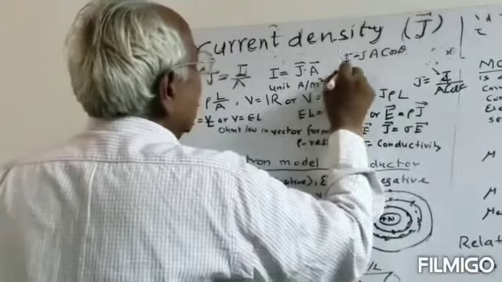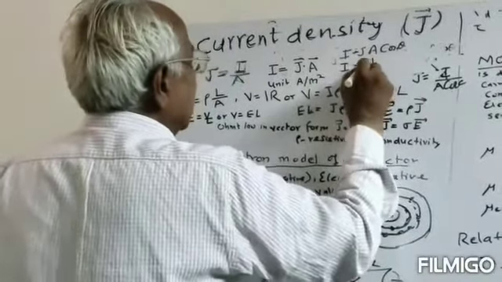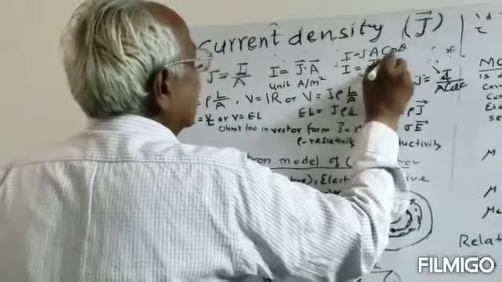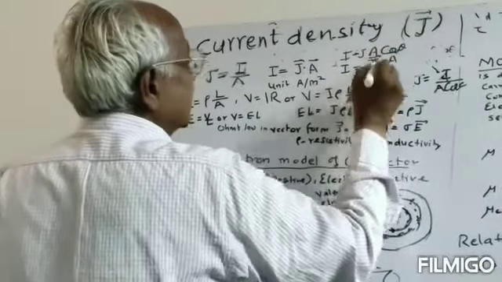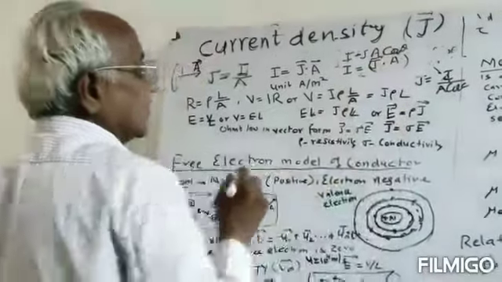So we can write I is equal to J dot A. So it is a scalar product.